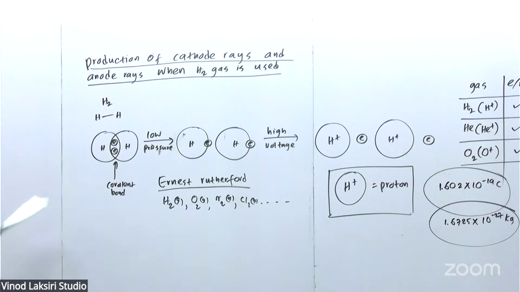Write down. Under this topic: production of cathode rays and anode rays when H2 gas is used.